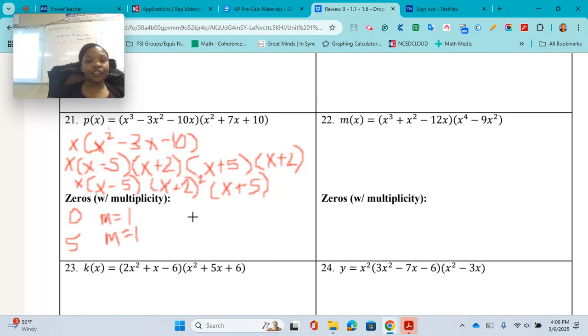I also have a 0 at negative 5 with the multiplicity of 1. And the last one, negative 2 with the multiplicity of 2.